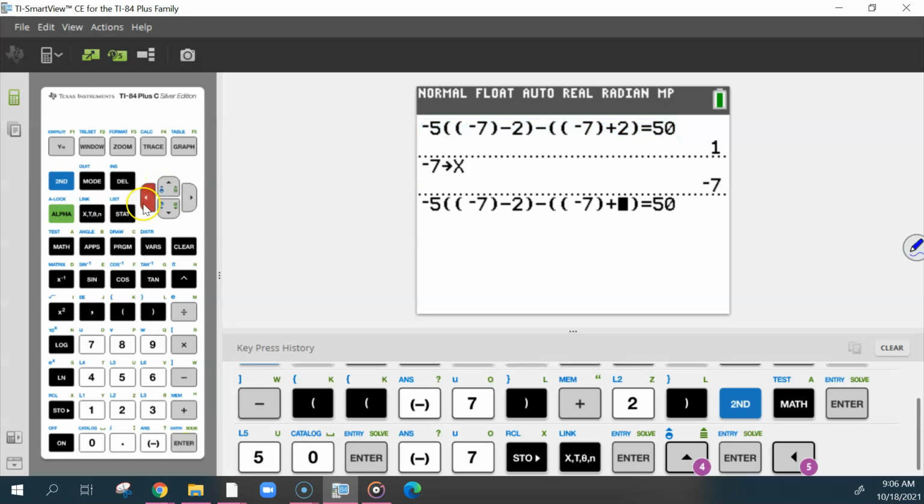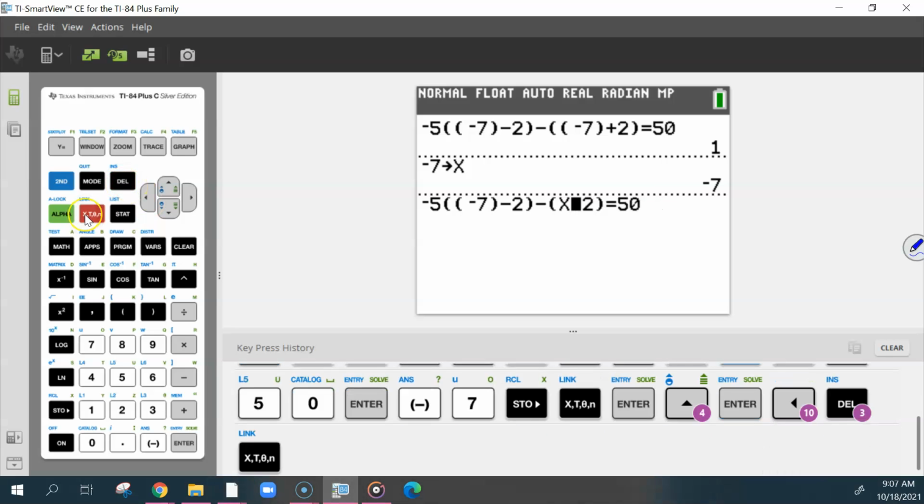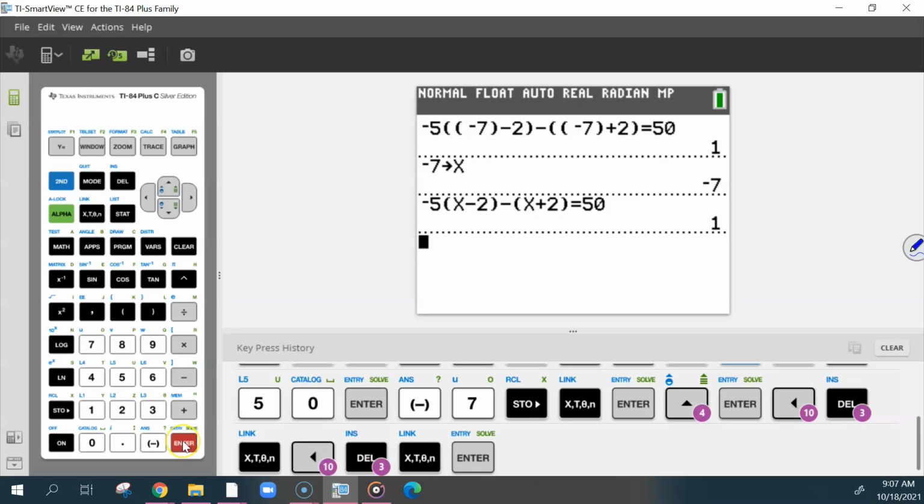I'm going to take out all the negative 7s and just put X. So it looks just like the equation on the paper, but I now have negative 7 stored for X, so it's kind of the same thing as this. And I can hit enter, and it'll still do that same thing, give you a 1 or a 0.